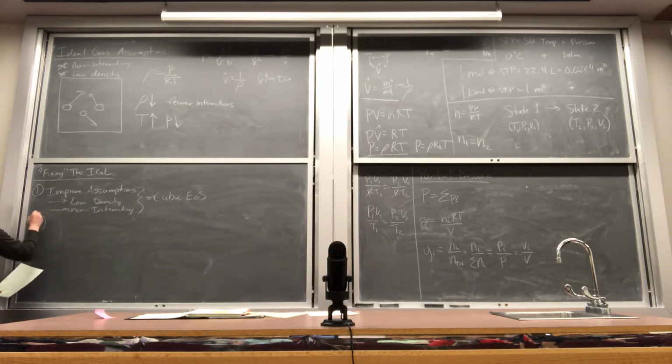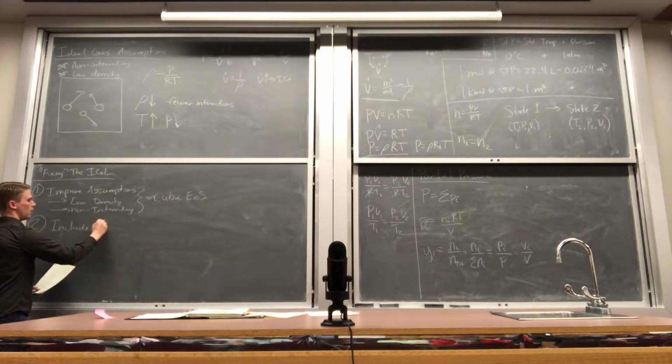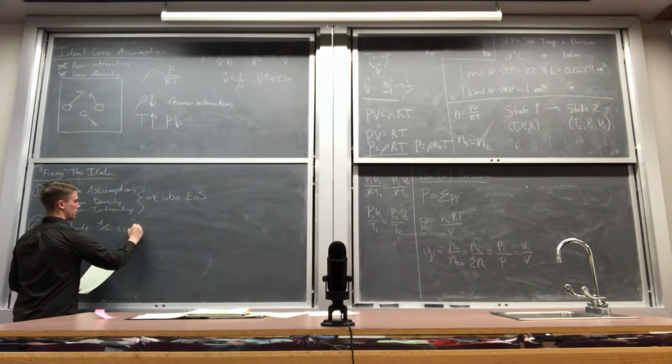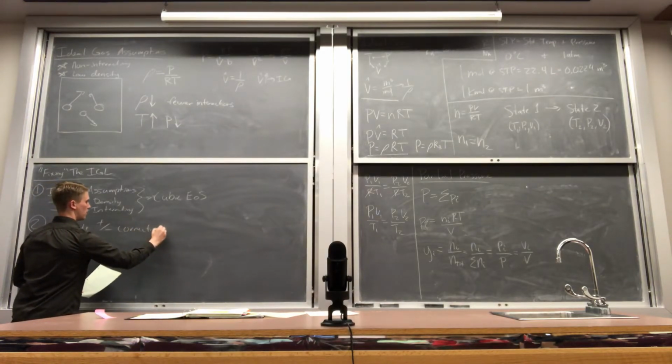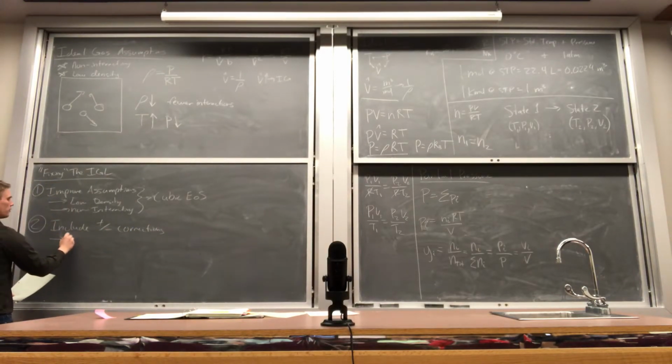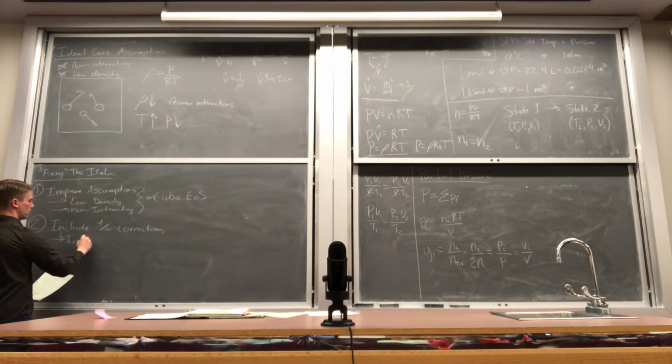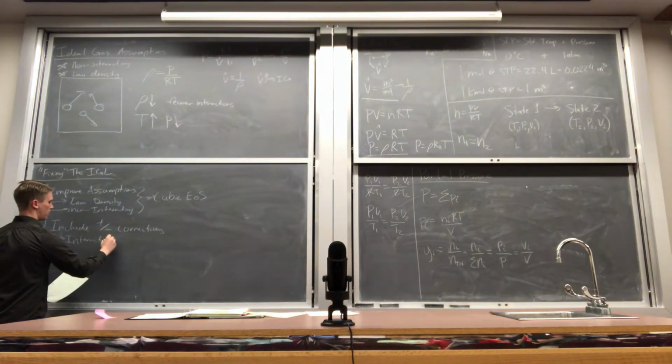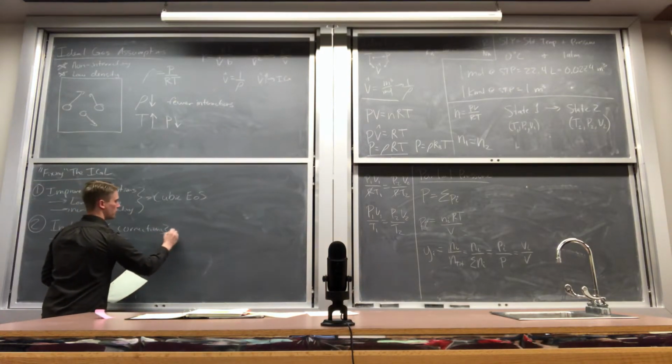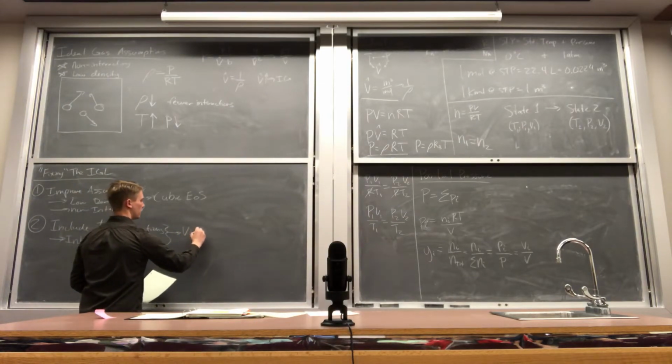Another option is we can introduce plus minus corrections. And in this case here, this accounts for interactions. And this gets us to the virial equation of state.